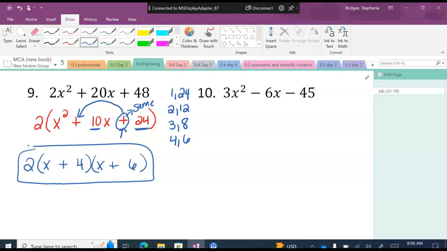All right, try number 10 then. Look for a GCF first. If they have one, pull it out and then continue to factor. If they don't have one, then you just try to factor from there.